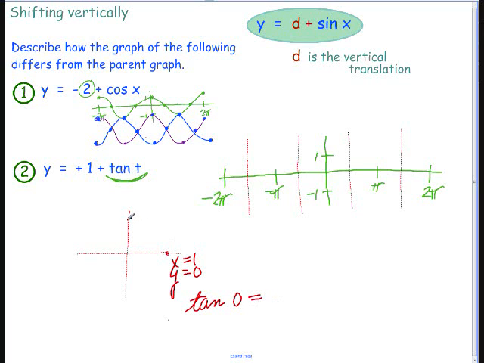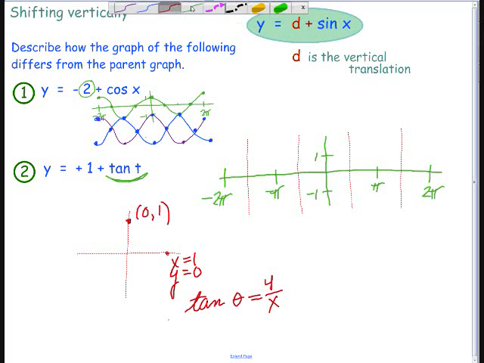But when it gets up here, this point is 0, 1, and that's not fine, because when x goes to 0, what happens? Yes, at 90 degrees we have an asymptote.